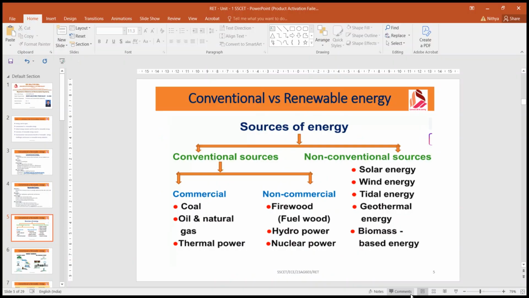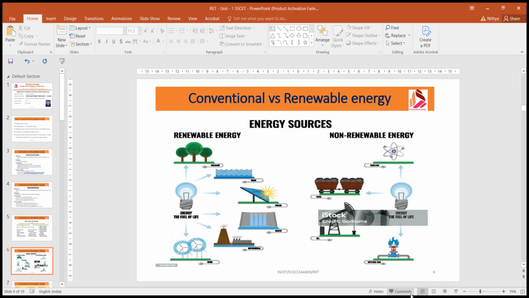These come under the conventional energy sources. Non-conventional energy sources are solar energy, wind energy, tidal energy, geothermal energy, and biomass-based energies. These are the categories of non-conventional energy sources. All of them are shown in the figure itself. You know what the renewable energies are and what the non-renewable energy sources are.